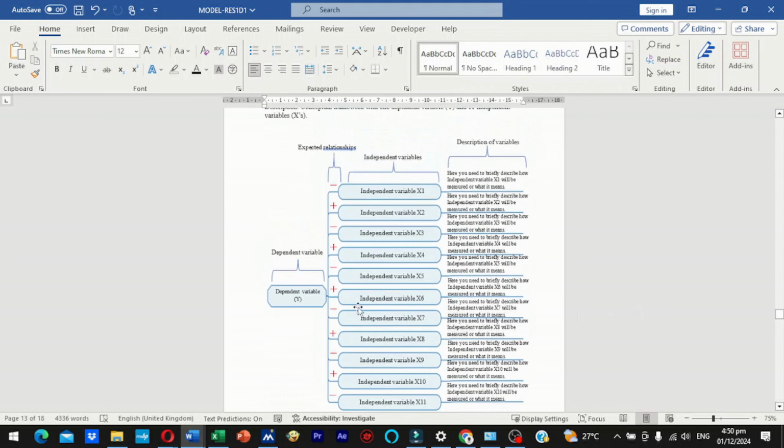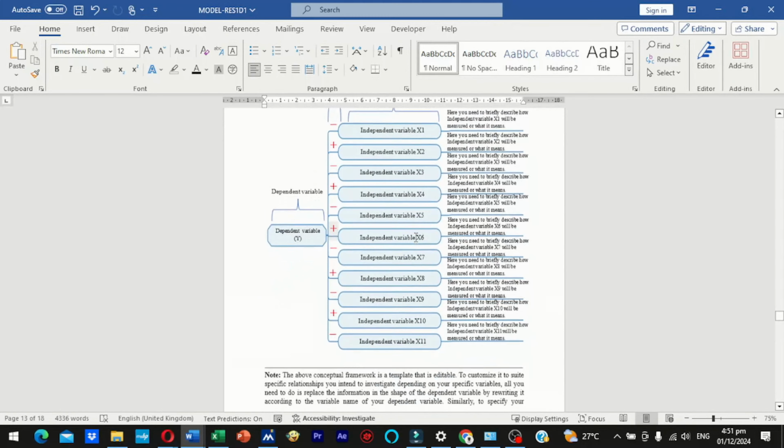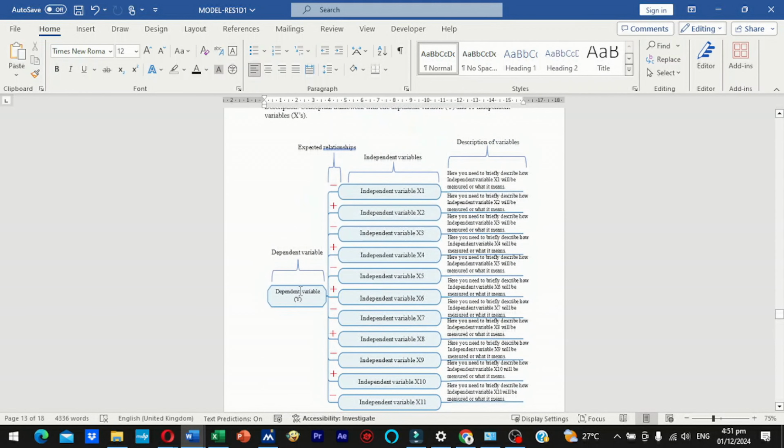Say maybe you're looking at the impact of income on consumers' purchasing decisions, right? So maybe you are taking the survey approach for this study, and you have a questionnaire and you distribute it to potential participants. You want to understand the impact of their demographics on their purchasing decision.